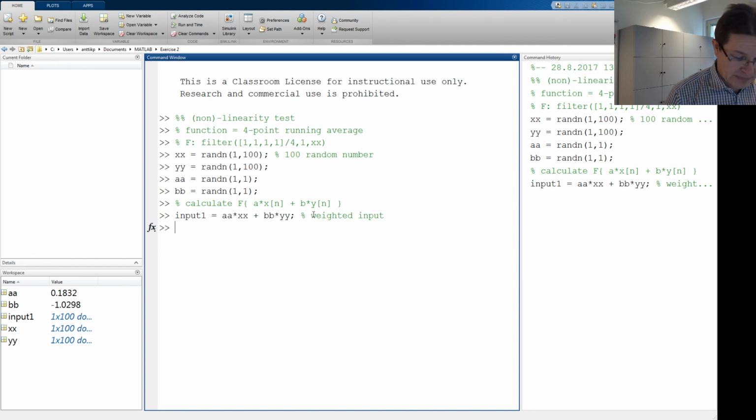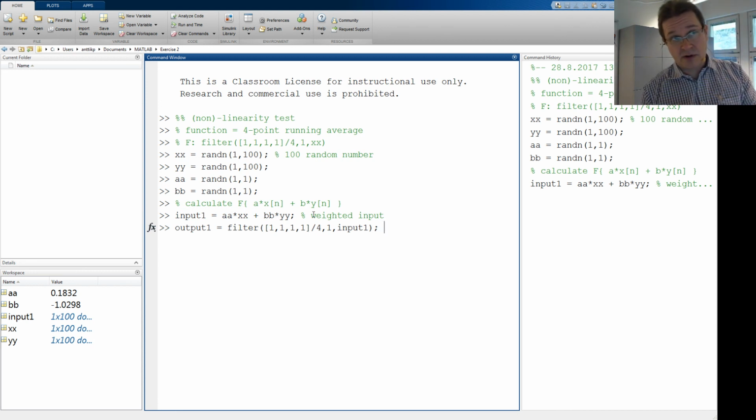Then I calculate the second, which is just those separate inputs. Output 1 is just filter divided by 4 applied to input 1. There we go, so that's the system output for this combined input.